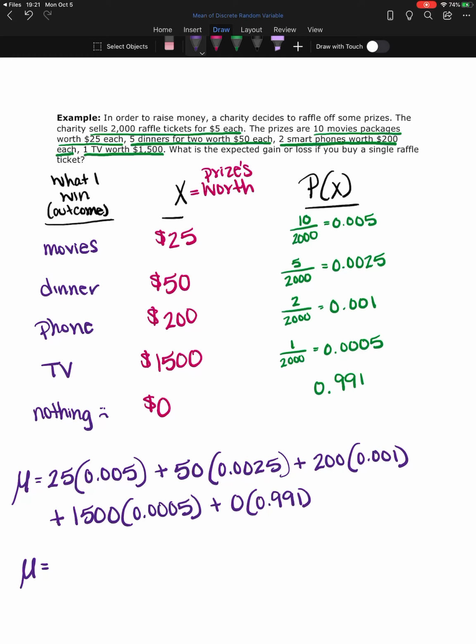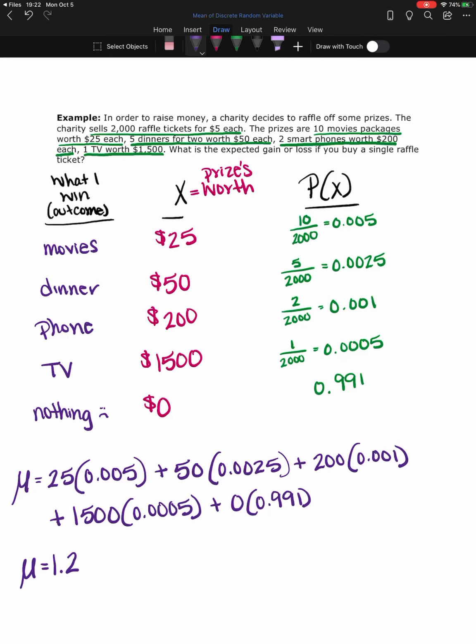And I got 1.2. I'm just going to double check all of my decimals real quick. Yep, so I have a mean of 1.2.